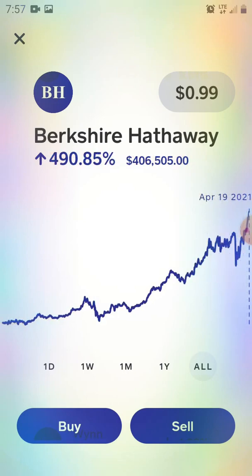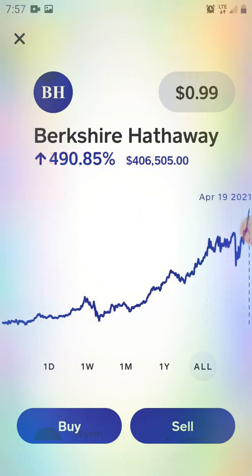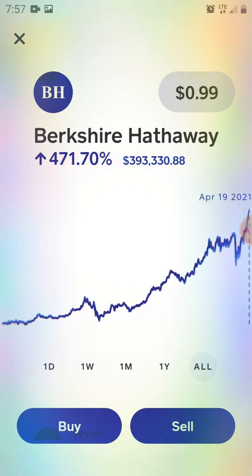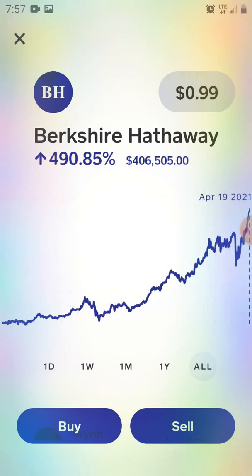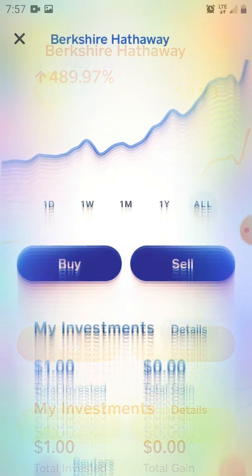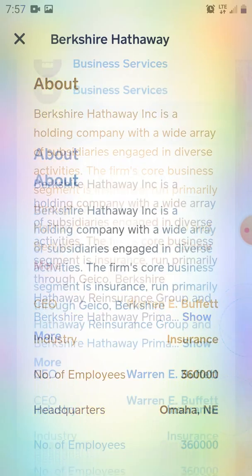They're at 400,000 a share, and they started at 68,000 a share. Anybody can realize that is some serious money. If you would have bought a couple shares at 68,000 and sold at 406,000, you could be making massive cash. That's retirement. That's millionaire status. That's some crazy stuff right there.